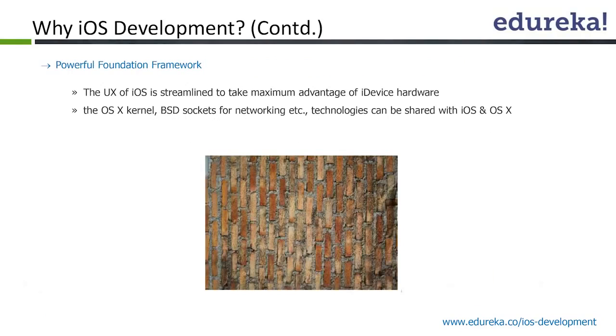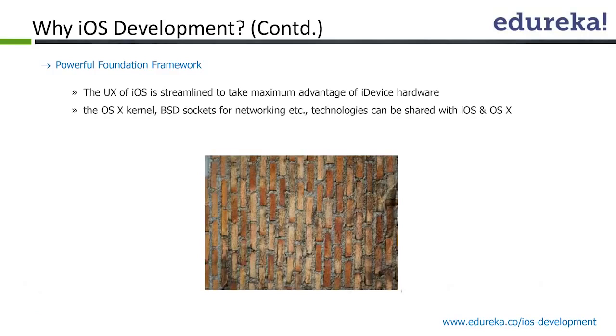The next reason is you have a very good, powerful Foundation framework. Foundation framework is a framework where the basic elements or objects are defined for iOS development. This framework will enable you to take the maximum advantage of the iPhone device hardware.